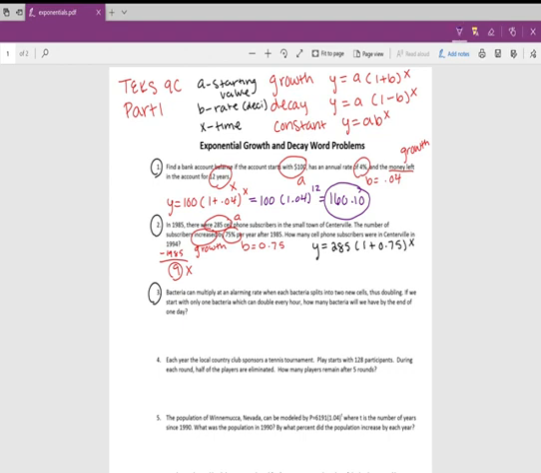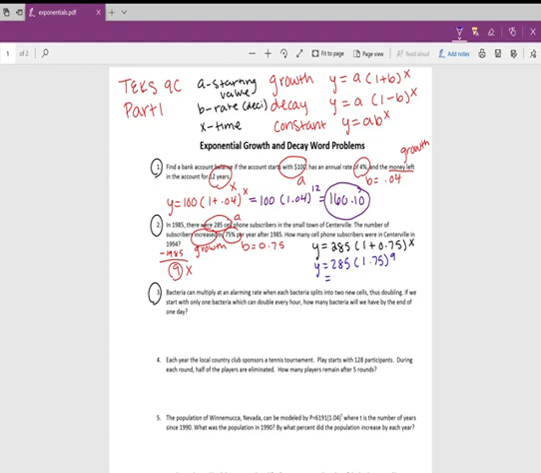Then to find my answer, I'm going to plug in x. So I have y equals 285 times 1.75, because I added those together, to the power of 9. So if I plug that into my calculator, I have 1.75 to the power of 9 times 285.